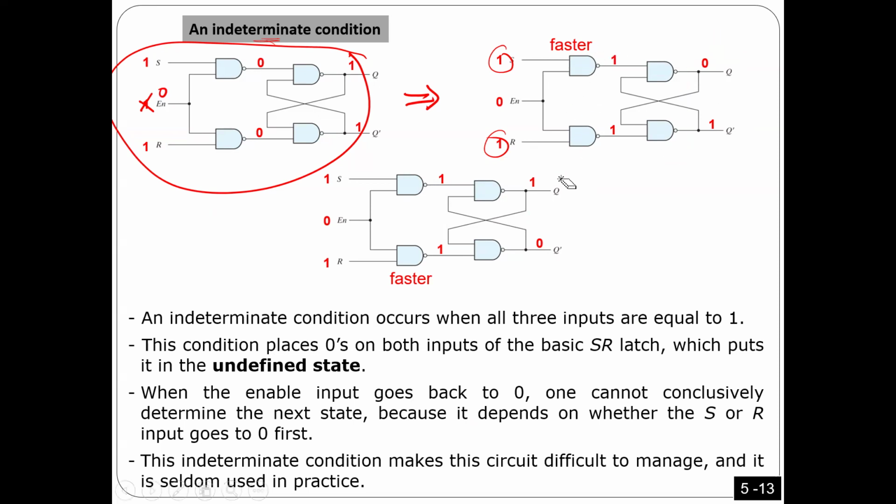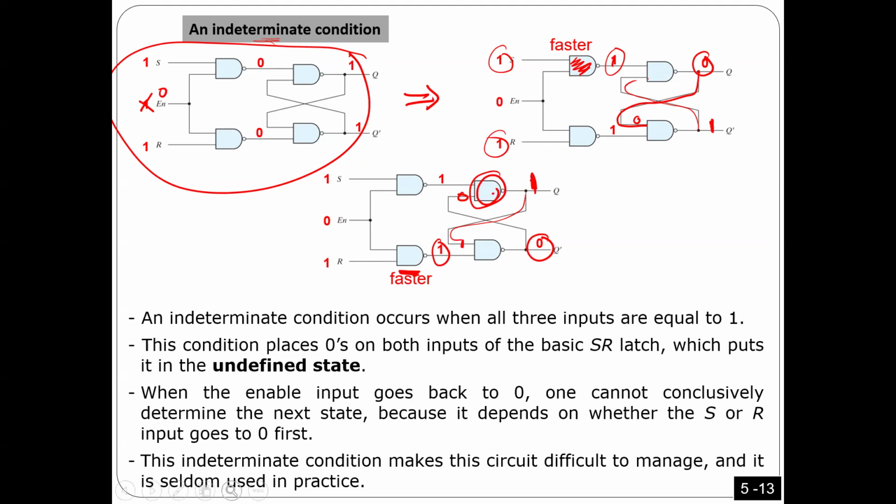For example, if this gate is faster, what happens here? 1 and 0, so we are gonna get 1 here, and then here 1, and then we already have 1 from here, I get 0, and this 0 is gonna give me 1 here. But if this one is the faster one, what happens here is we have 1 and 1. I get 0 here, and this 0 is gonna force this gate to be 1.